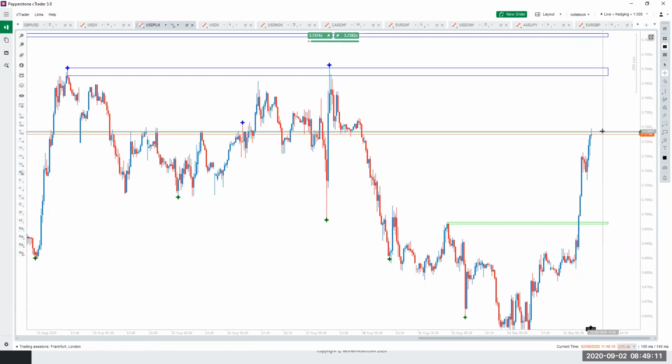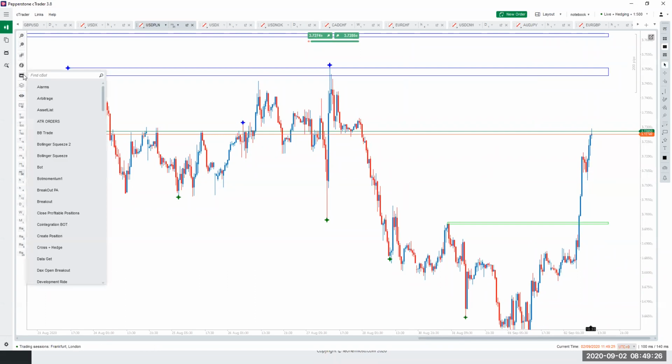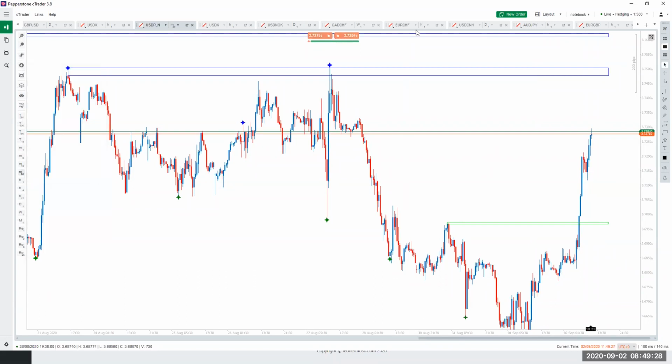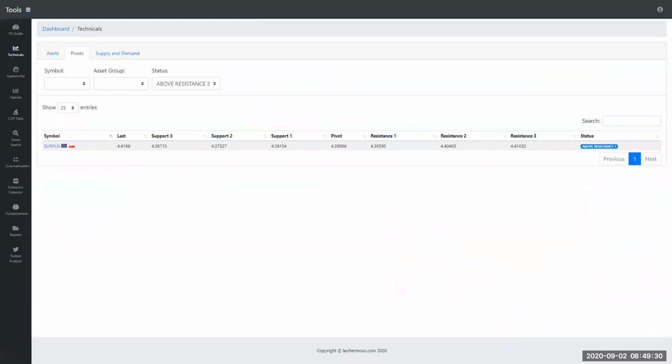But let's say that you don't want to play the short, you want to play the long side, because we know that we have a bullish bias on the dollar. So what I can do is enter long here. Let's see what the pivot point R3 is.